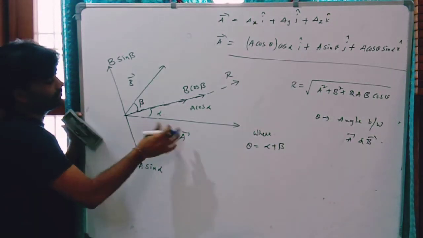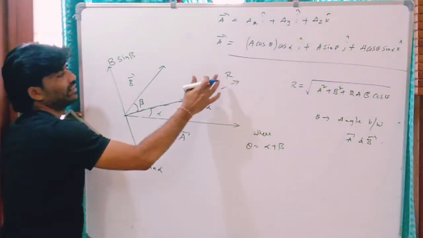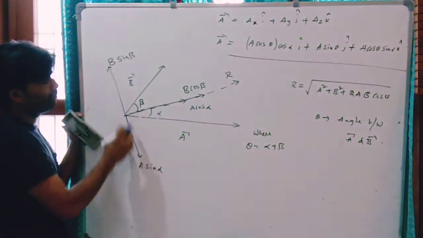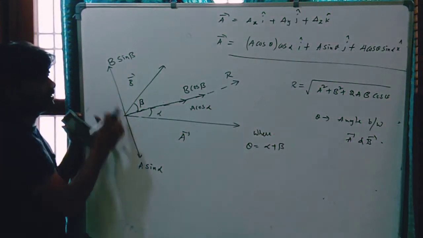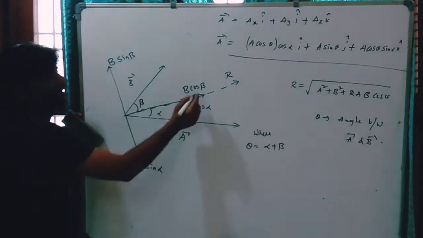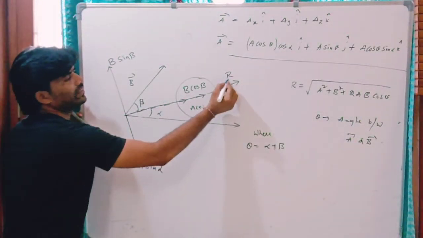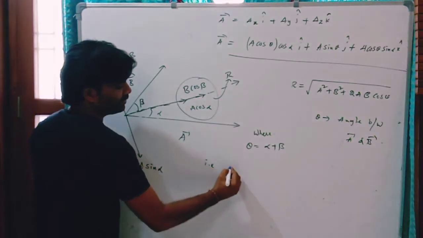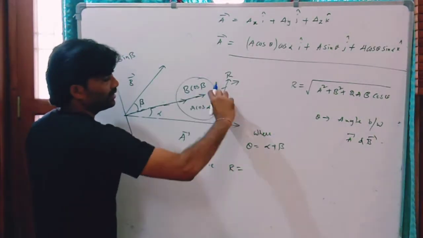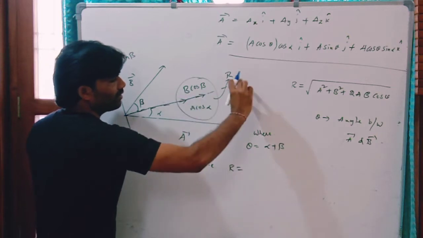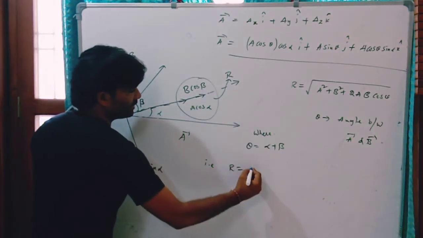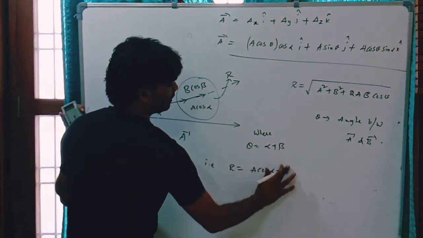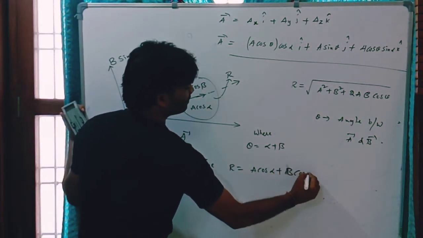But the resultant of these two vectors is in this direction. It has no resultant in this direction. Indirectly, the combination of the components of these two is zero. These two cancel each other and the combination of these two gives r vector. So the magnitude of r is equal to the sum of the components along the direction of this resultant, that is a cos alpha plus b cos beta.